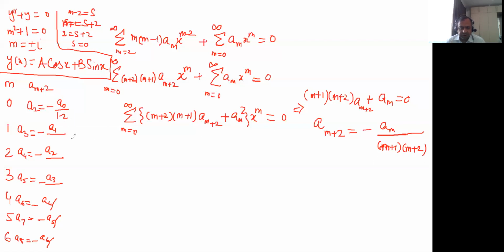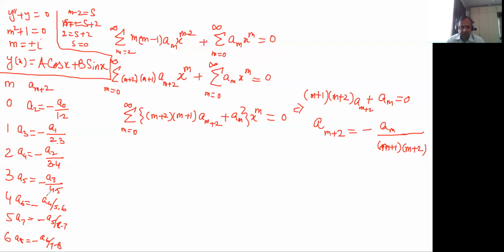And the next one will be 2 times 3. Okay, I'm using this dot for multiplication. It is not 2.3, it is 2 times 3. So 3 times 4, 4 times 5, 5 times 6, 6 times 7, okay, and then 7 times 8.